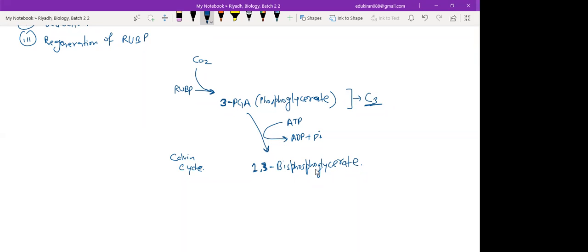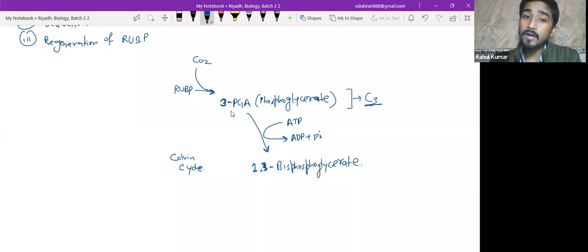Because if this 1,3-bisphosphoglycerate can go backwards and make 3-phosphoglycerate back, then this energy utilization is a waste. And the body never wants to waste energy. So whenever you commit ATPs in any pathway, and this is also asked in entrances, that step basically becomes irreversible. So this irreversibly becomes 1,3-bisphosphoglycerate. Clear?